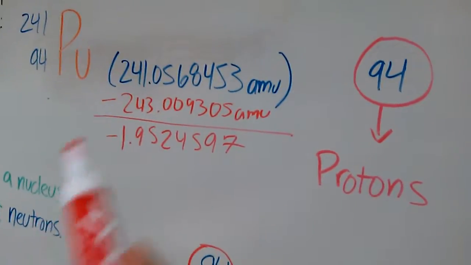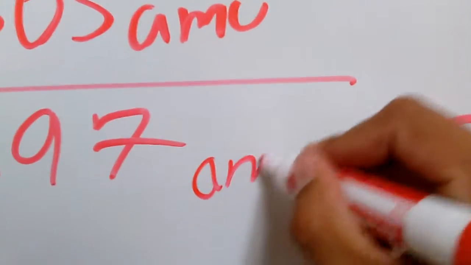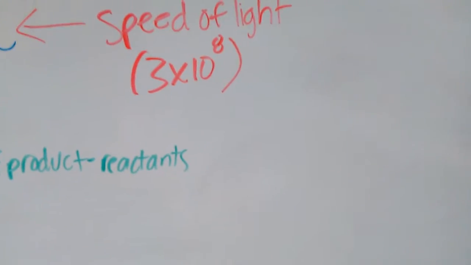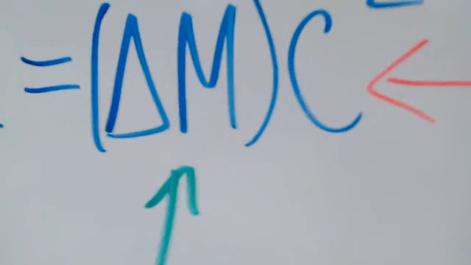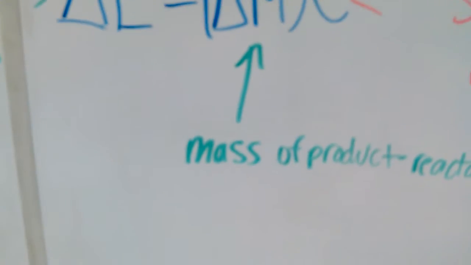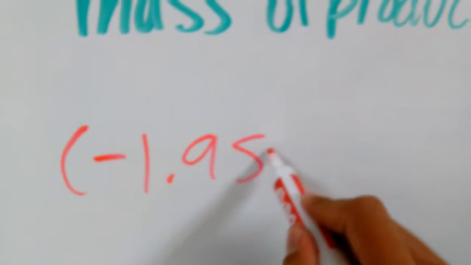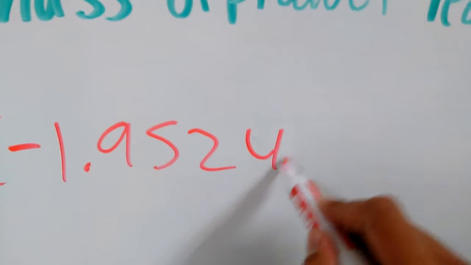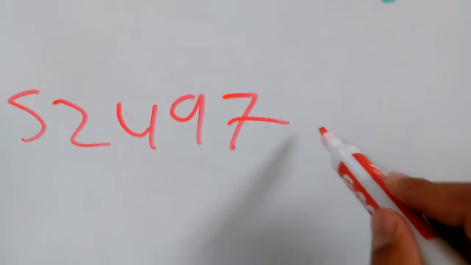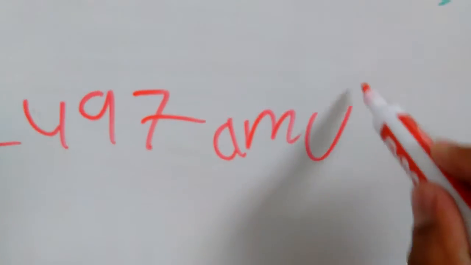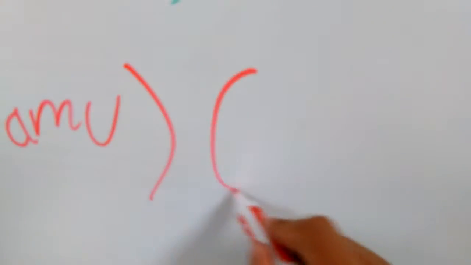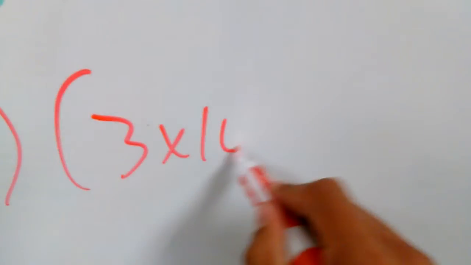So with the number that you have here in atomic mass units, you're going to plug it into this equation: negative 1.95247 atomic mass units times the speed of light, which is 3 times 10 to the 8th power.